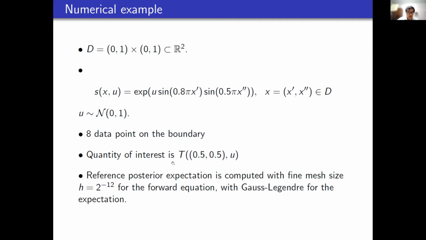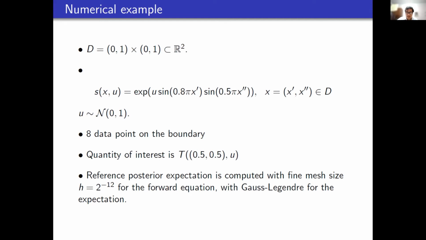So the quantity of interest is the solution of the forward equation at this point, 0.5, 0.5. And we compute the reference posterior expectation. It's a small h, so here just take h as 2 to the minus 12.